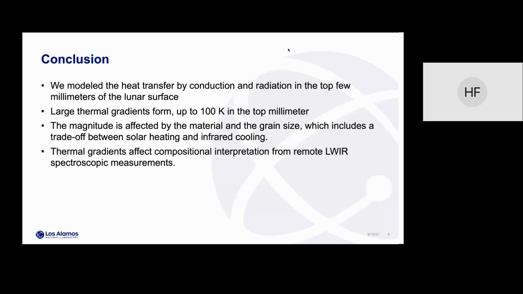For our original application, thermal gradients affect compositional interpretation from remote spectroscopic measurements. Again, we are discussing these today just to talk about their presence and see what other applications or problems they might create for science that's planned on the lunar surface. And that's it. Thank you.